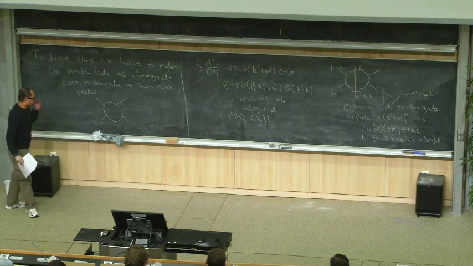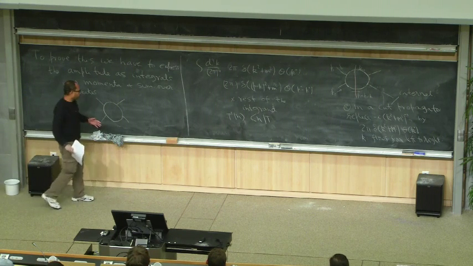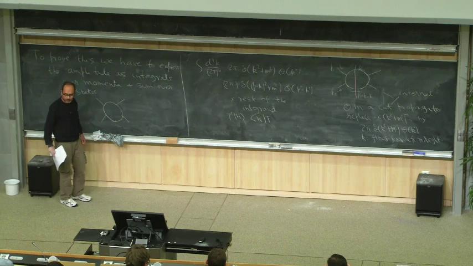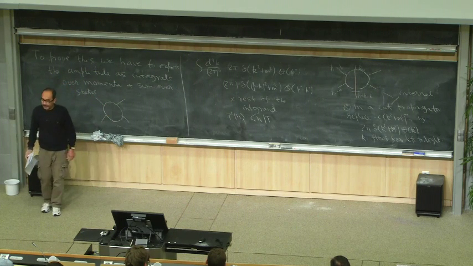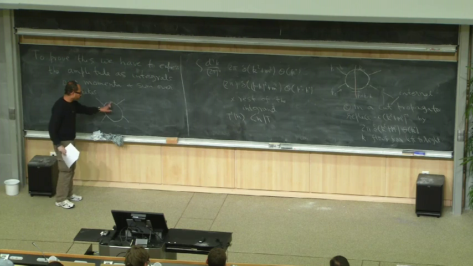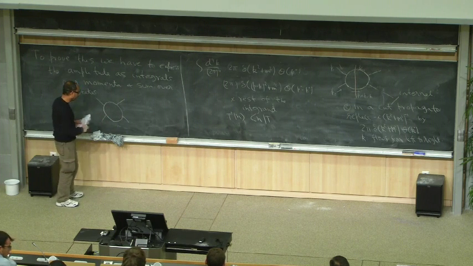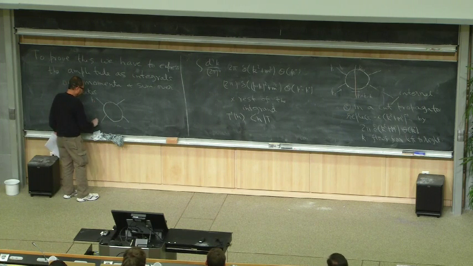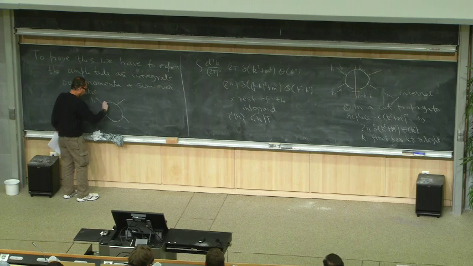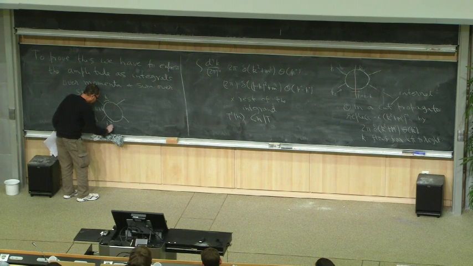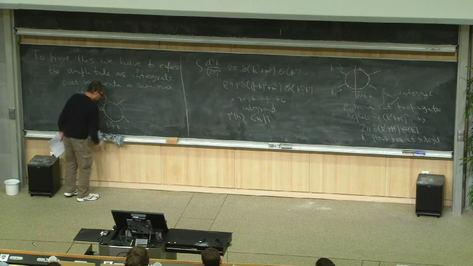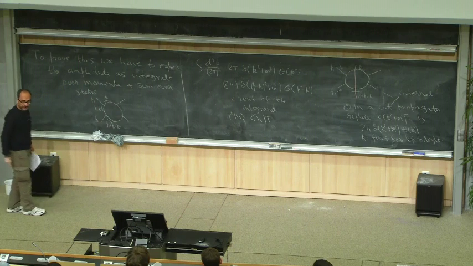But this approach does not seem to be very suitable for proving Cutkosky rules. For proving Cutkosky rules, you will really think of this as a normal field theory, in which you have momentum integrals. So, for this diagram, you will label the momenta as you do in a normal quantum field theory.